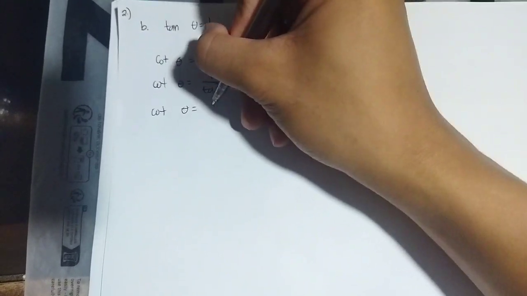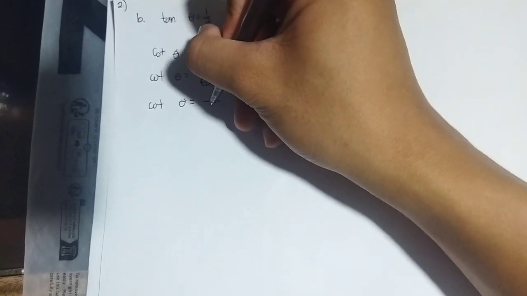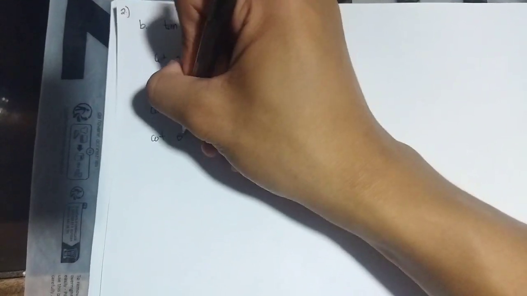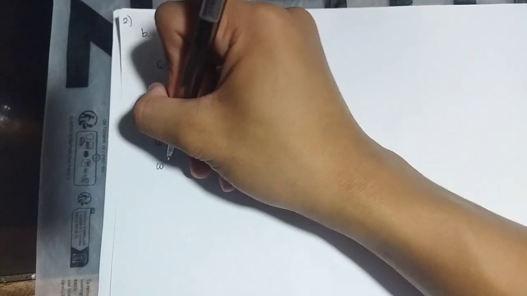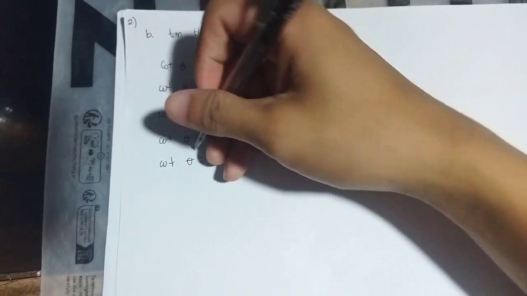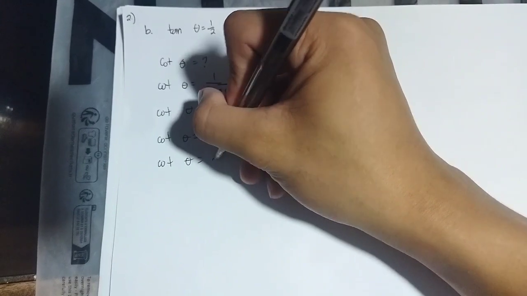Then copy. Then substitute. So we have 2 over 1, or cotangent is equal to 2.